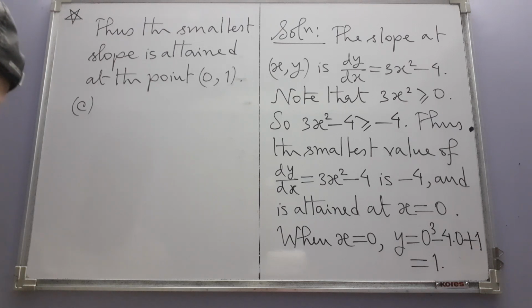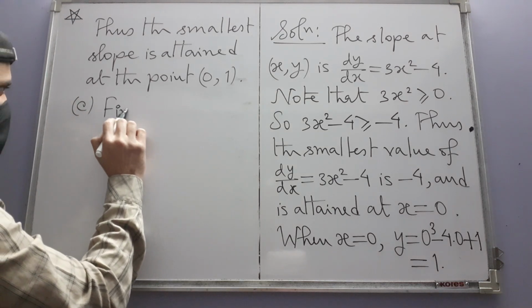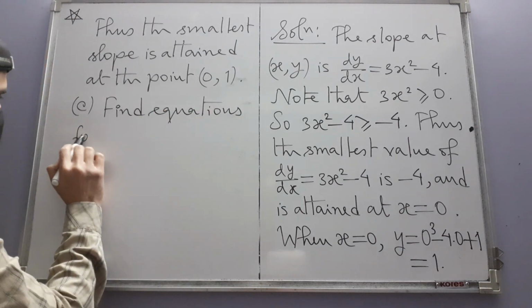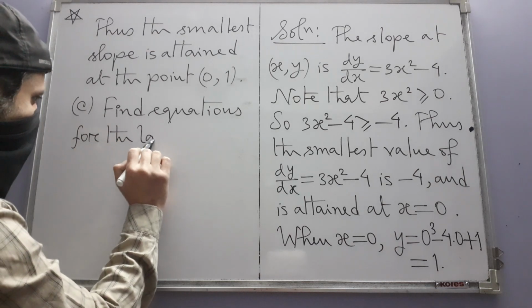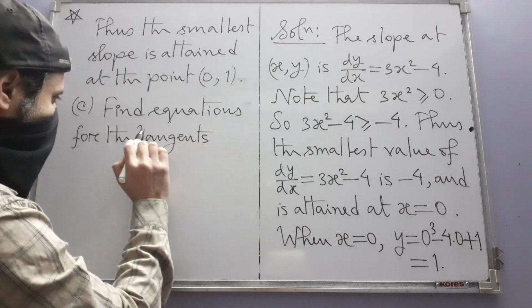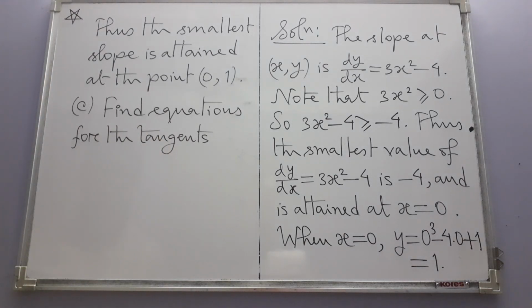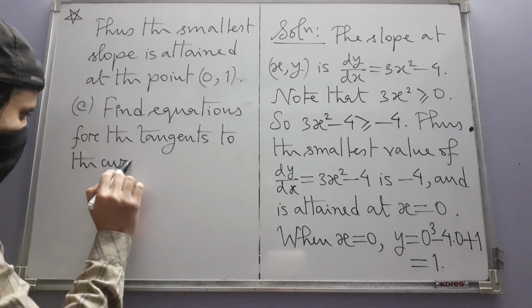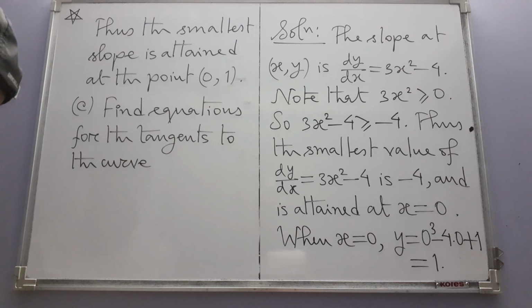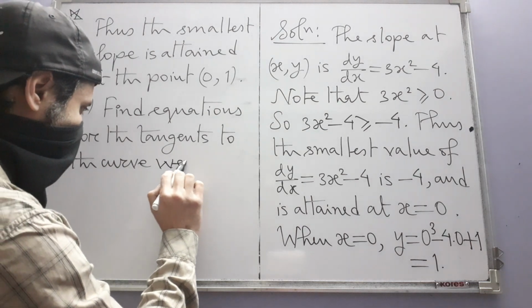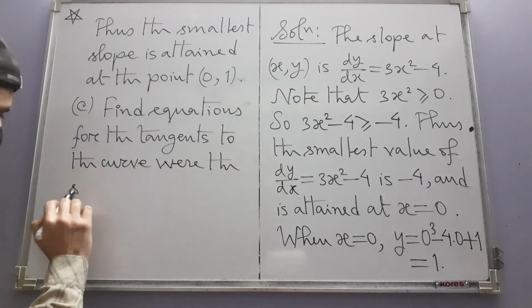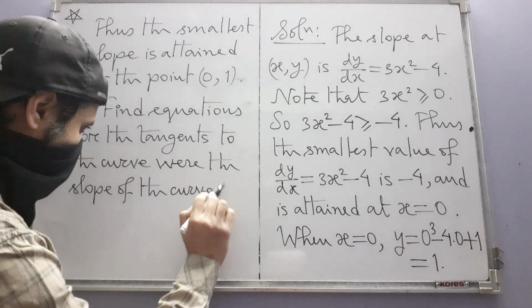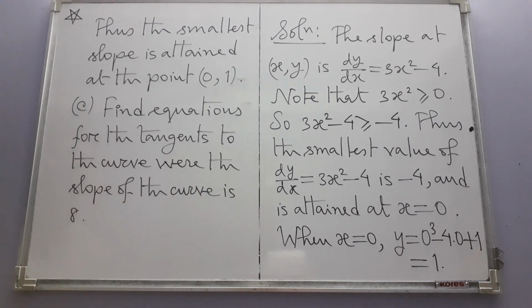Find equations for the tangent to the curve where the slope of the curve is 8.